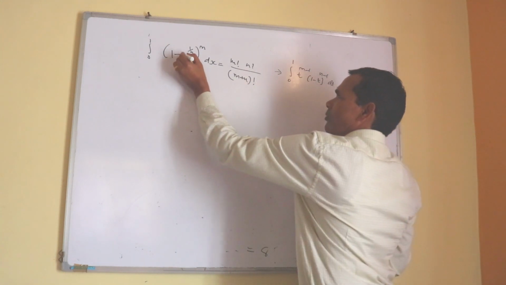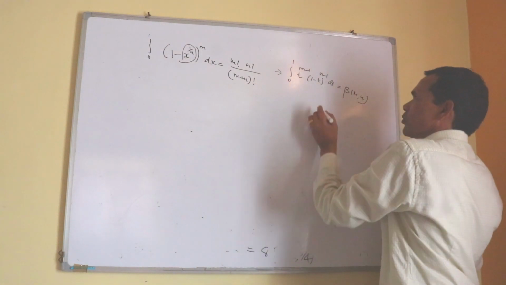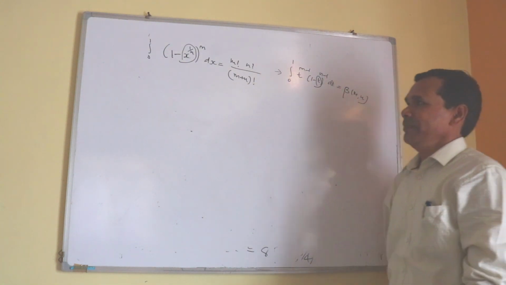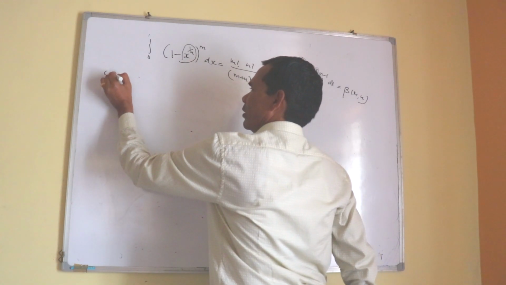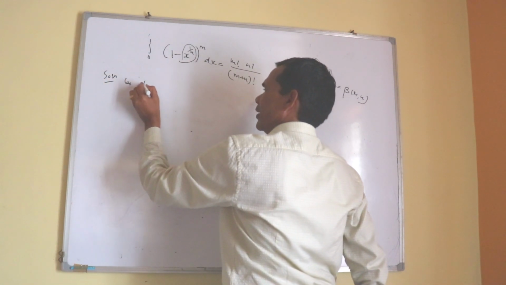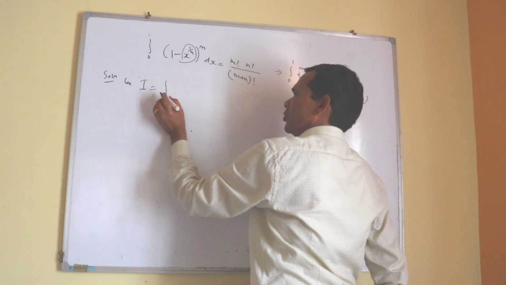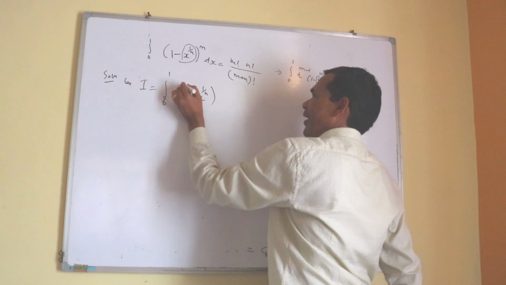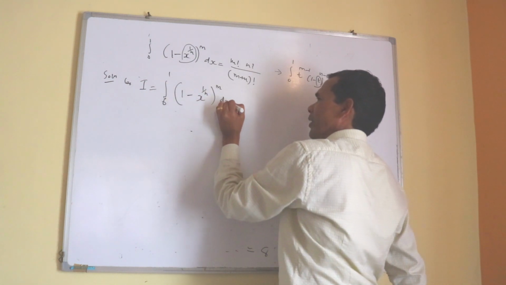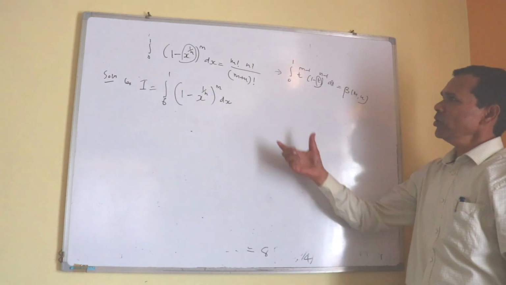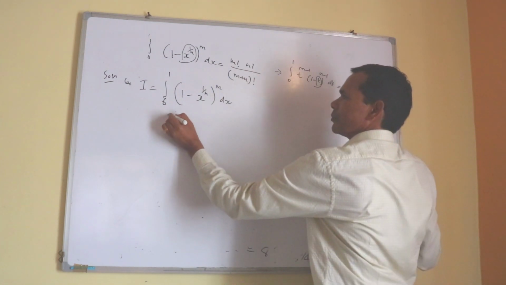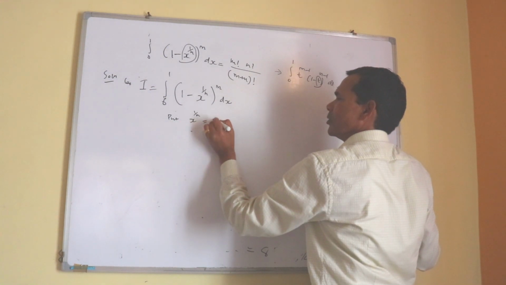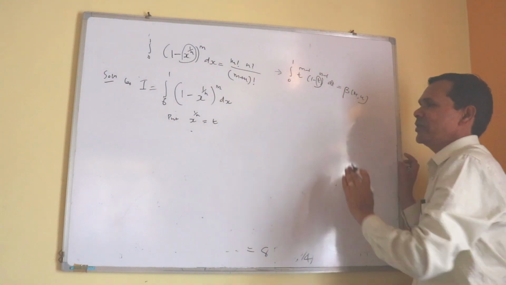So what could be the substitution? It is very clear. Solution: let I be the integral on the left hand side, 0 to 1, 1 minus x raised to 1 by n, bracket raised to m, into dx. As I said right now, put x raised to 1 by n equal to t in order to have 1 minus t.